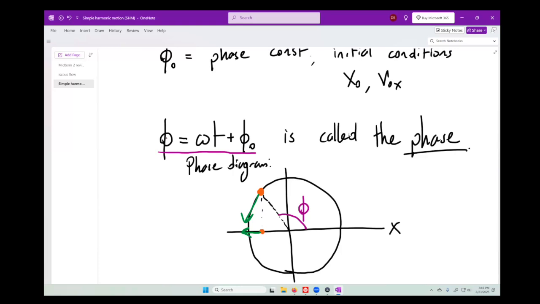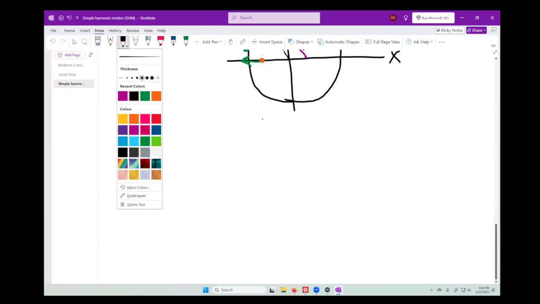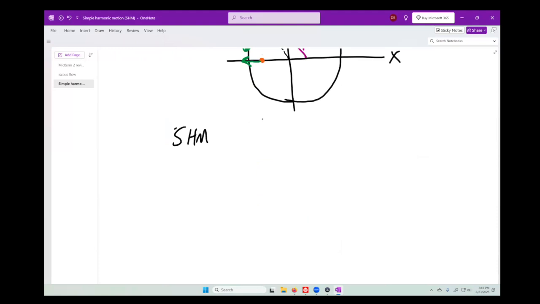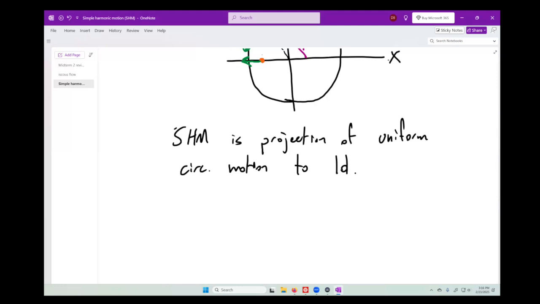As it moves around the circle, the projection of that is moving back and forth along the x-axis, oscillating back and forth. So simple harmonic motion is the projection of uniform circular motion to one dimension.